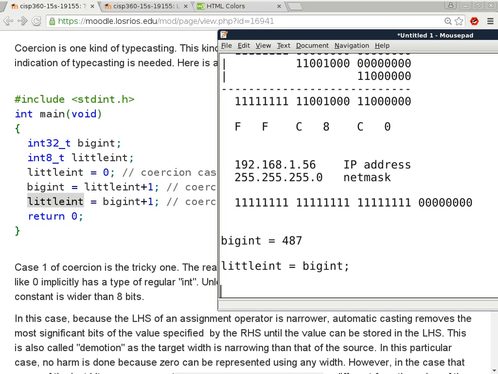So that means when we perform this particular assignment, something is going to be lost. So the question is, after this assignment, if I just look at little int, what is the value that is stored in little int? That is the question. What do you think? Okay, there's one thing you can do first.